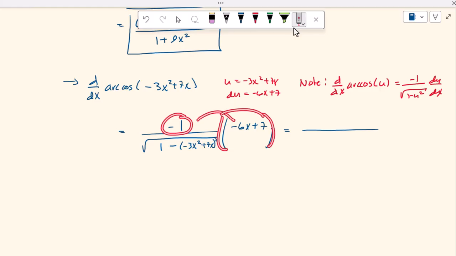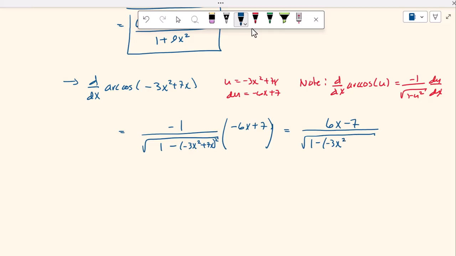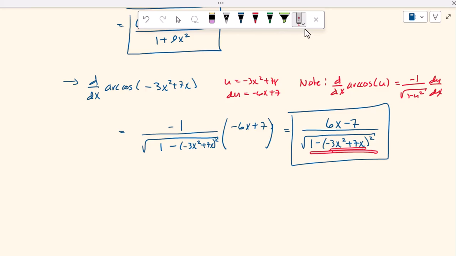So I have to distribute that, and I have 6x minus 7 over the square root of 1 minus negative 3x squared plus 7x quantity squared. That's my derivative. Now if you wanted to, you could FOIL this out and combine like terms, but I think that looks pretty good the way it is.